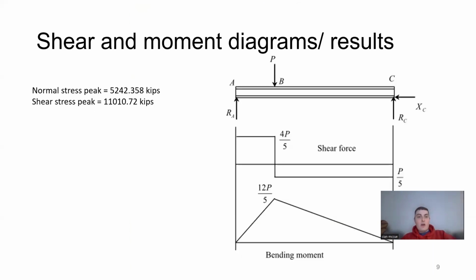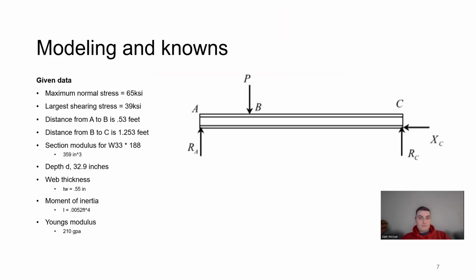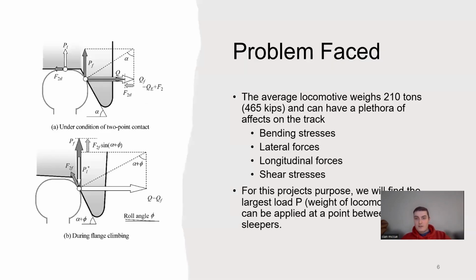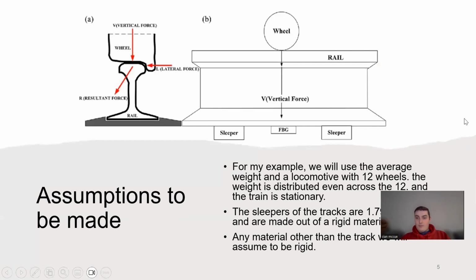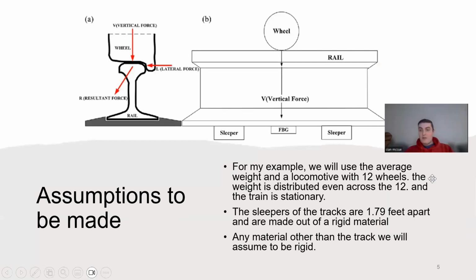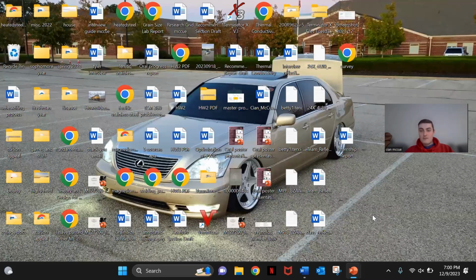Looking here, our shear stress peak is 11,010.72 kips, and our distance from B to C is 1.253 feet. Our total distance is given on the assumptions page as 1.79 feet.